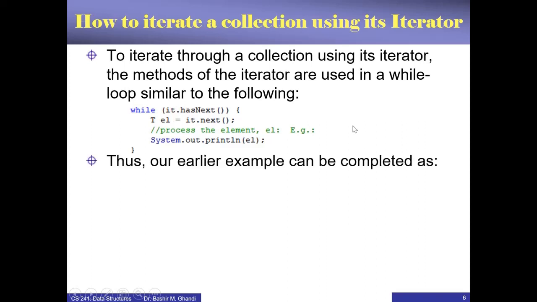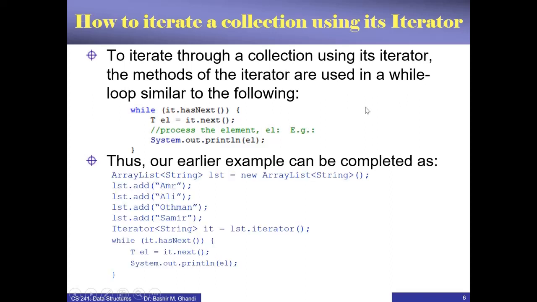Let's go back to our earlier example so that we can complete it, since we now know how to use the iterator to traverse the elements. We already have created the list, if you recall, an ArrayList of String, and we have added elements. And I was saying, how now do we use this iterator object to go through these elements?